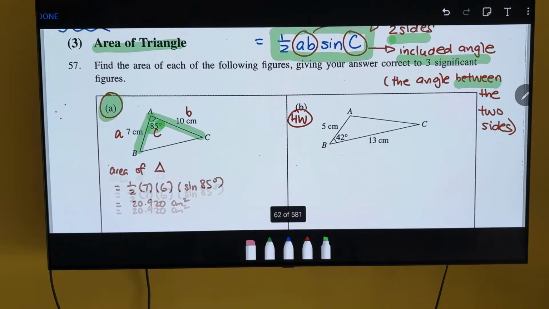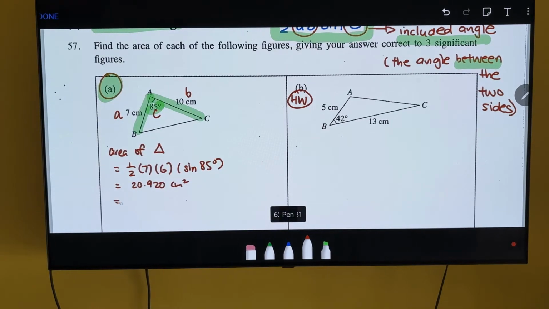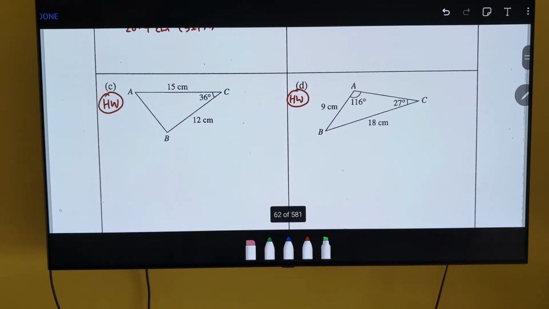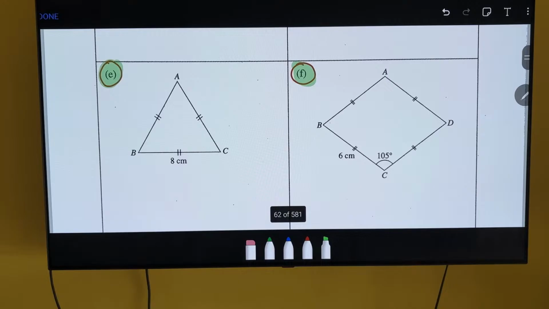And from there, because it's a running answer, we will round it off to 3SF. So 20.9 cm squared to 3SF. Now following that, for question 57B, C, D, do try it for homework.